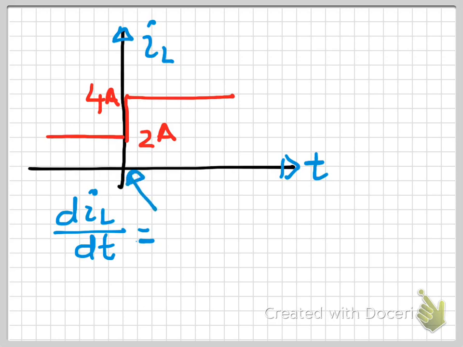The change in current is 4 minus 2, which is 2 amperes, and the change in time is 0 seconds because it's happening at the same instant. So this leads to infinity, which is impossible. That means for an inductor, current cannot change instantaneously.